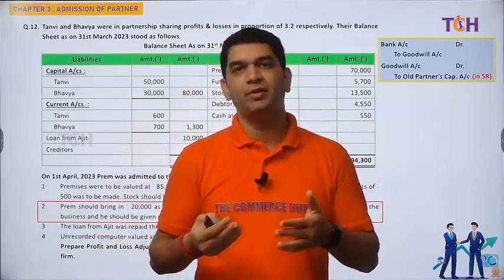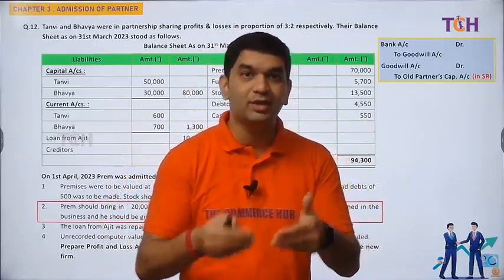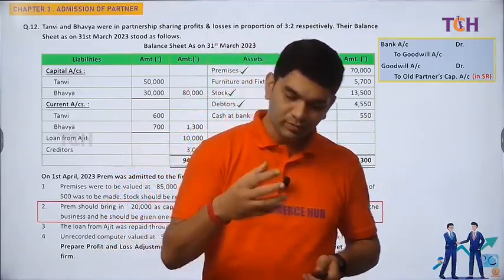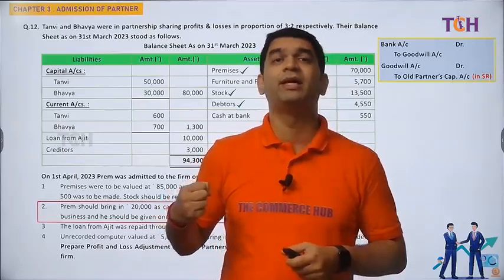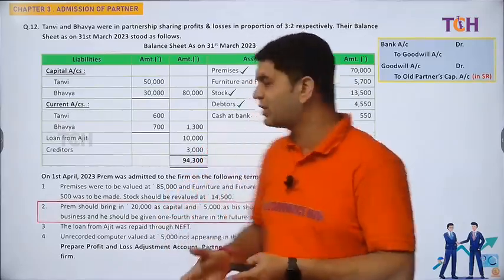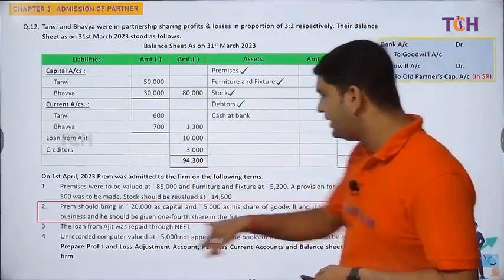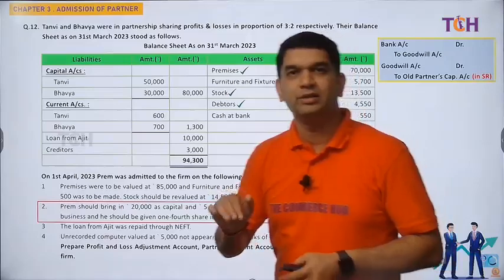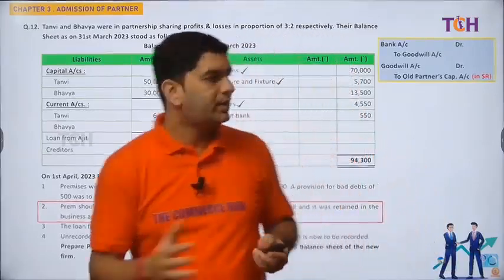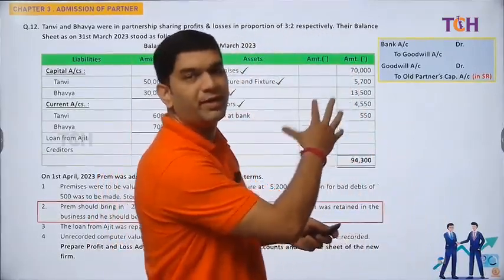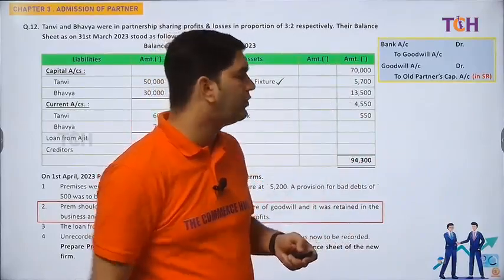In treatment 1, we also have a further adjustment, that is, if the partner is withdrawing that amount of goodwill. But here in this question, it is clearly mentioned that it was retained in the business. So there is nothing about withdrawal. So this is what we have to write for treatment of goodwill, and then we'll move forward.